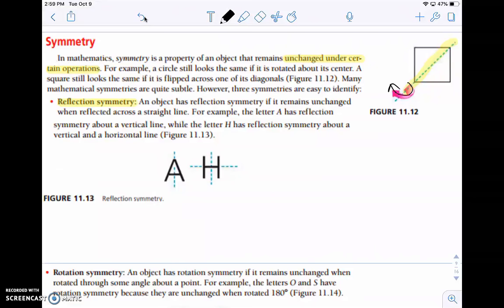You wouldn't be able to differentiate between the first and the second look. Some have multiple lines of symmetry. A only has 1 line of symmetry that cuts right down the middle. But H actually has 2 lines of symmetry. You could cut it in half this way and reflect it across that line, or you could cut it horizontally and reflect it across that line. Either way, you wouldn't be able to determine which was the first and which was the second. So that's the idea of reflection.